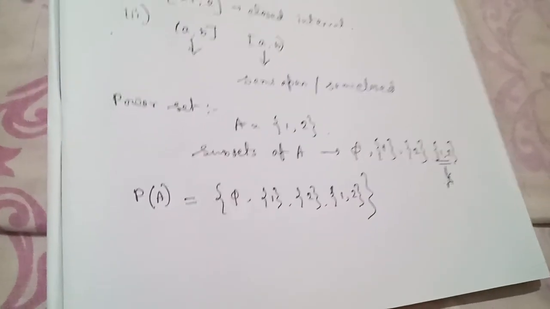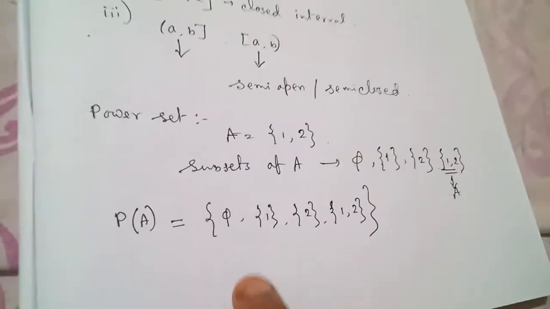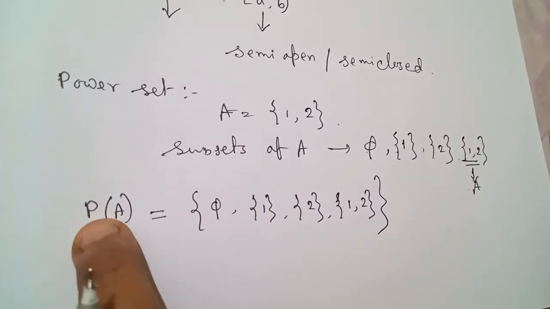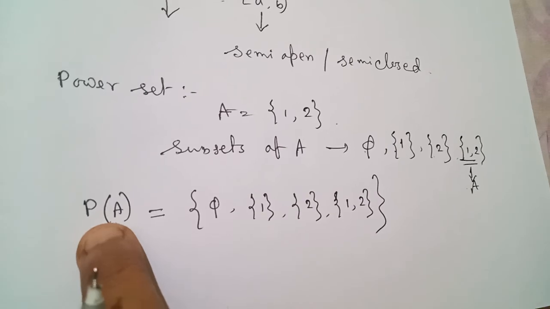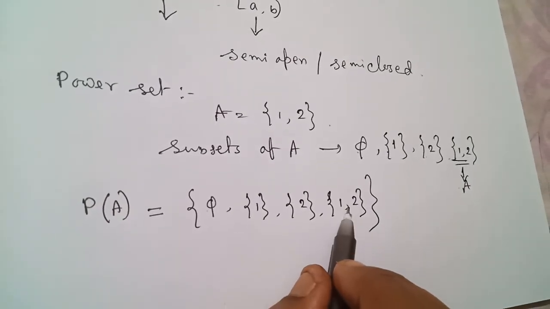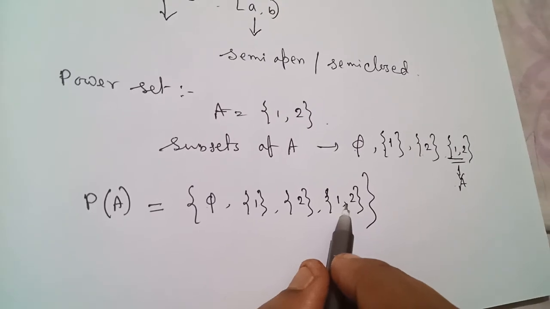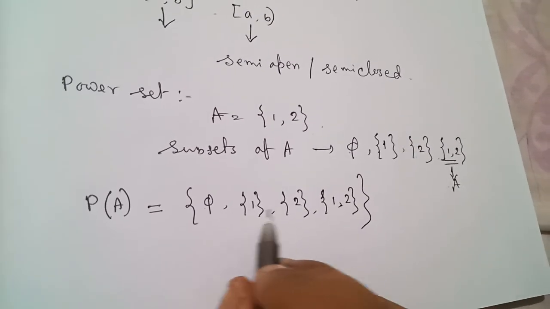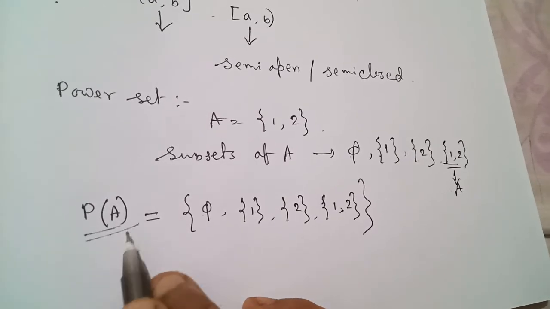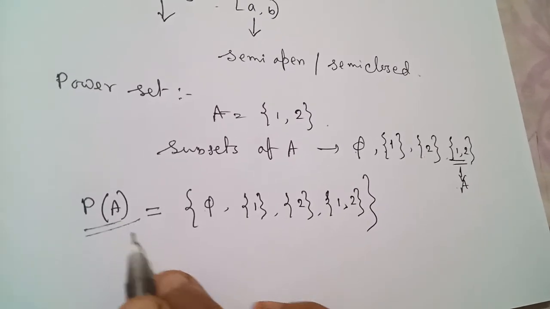You must be thinking why we are using it. Because power set is also a set. When we are writing the power set, these are not different sets, rather these are working as elements of the set, that is the power set.